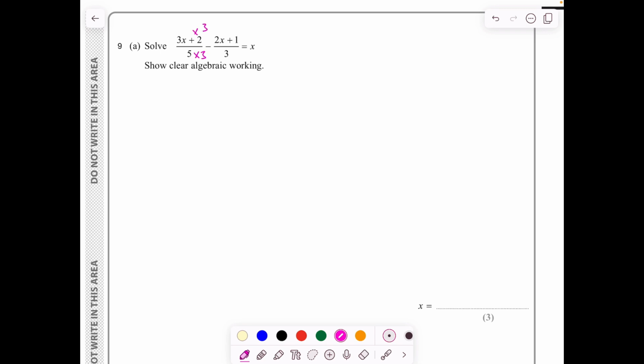And then I'm going to multiply this one top and bottom by 5. So then I get 9x plus 6 over 15, take away 10x plus 5 over 15, and that equals x.